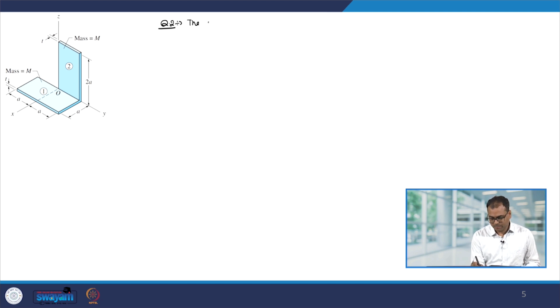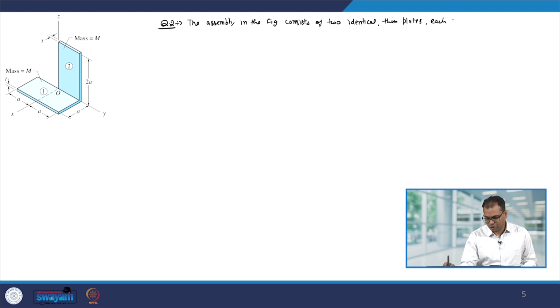The assembly in the figure consists of two identical thin plates, each of mass m and thickness t.